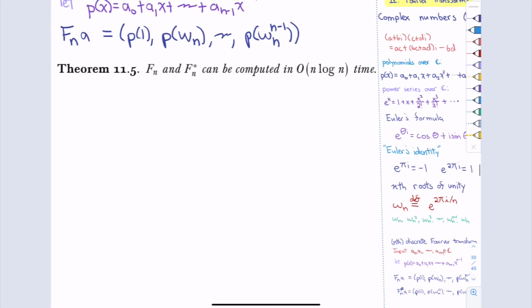So let's look at f sub n of a, and let's look at the ith coordinate, so to speak, which is to say that's evaluating at the ith root of unity. I'm indexing starting from 0.